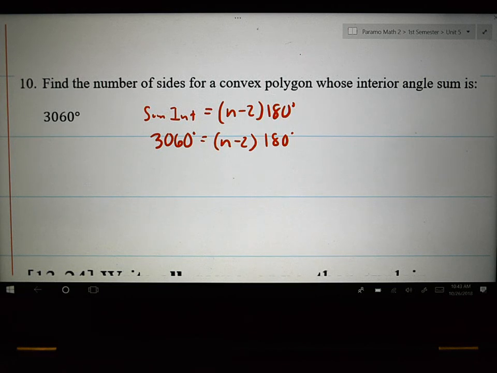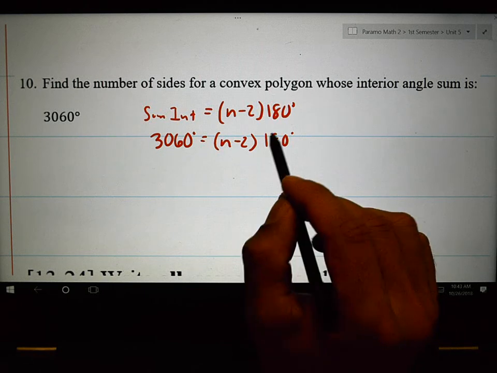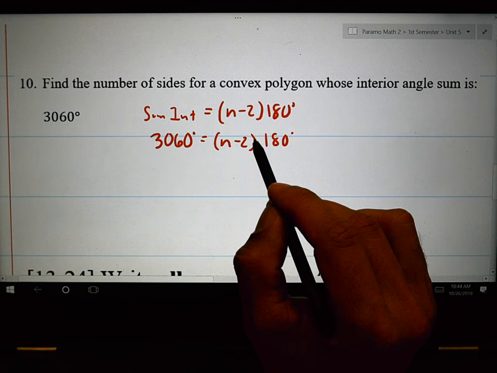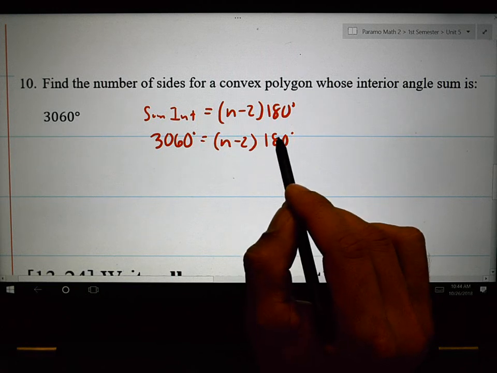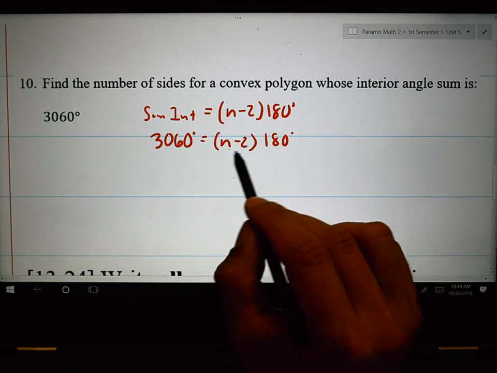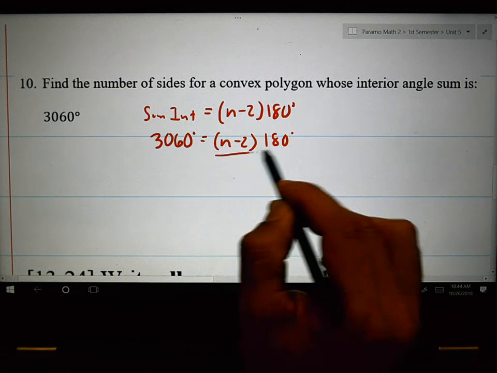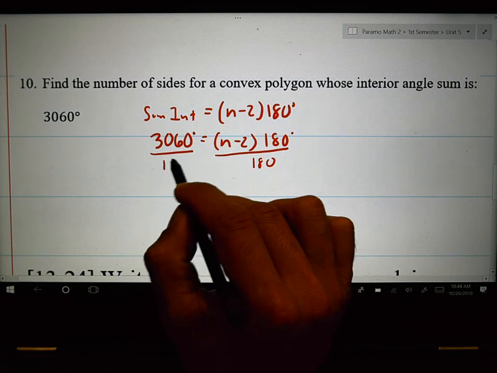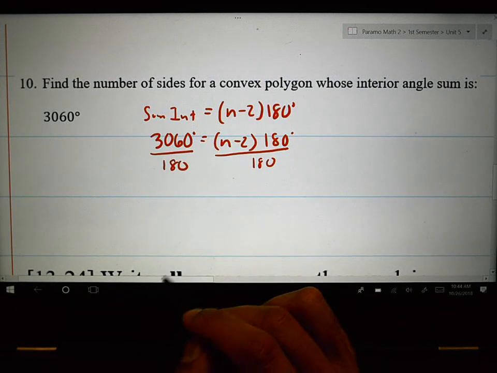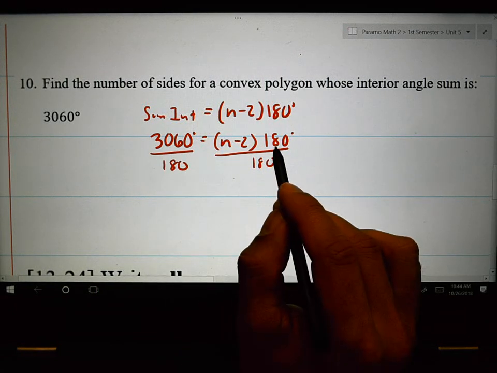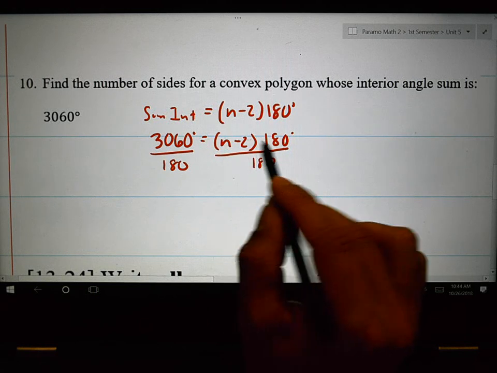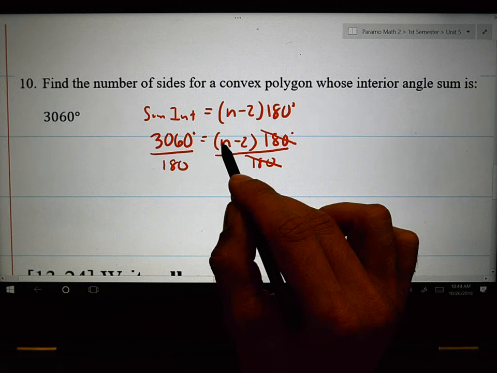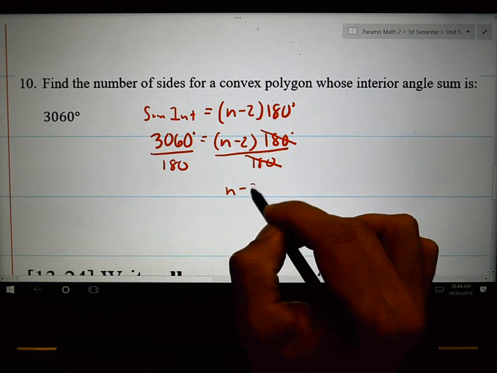You could either distribute this if you wanted to. That's going to have one extra step. Or, since 180 is multiplying this group, you can do the opposite of multiply and divide. This will be the fastest way to do it. By dividing by 180, since you're multiplying by 180, that goes in one time. 1 times n minus 2 is just n minus 2.